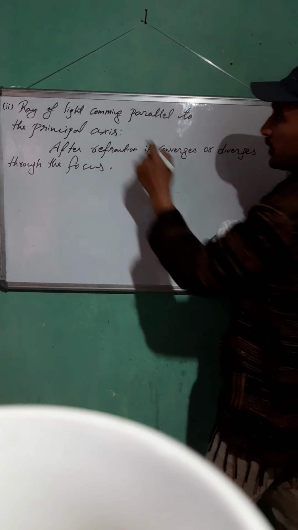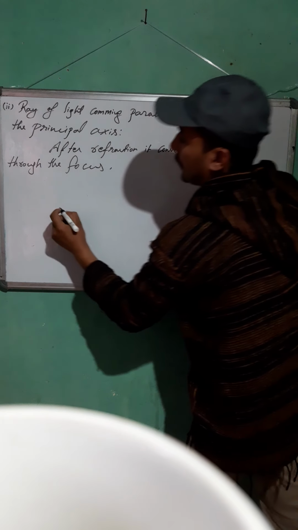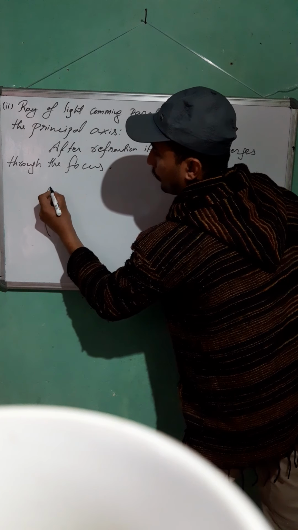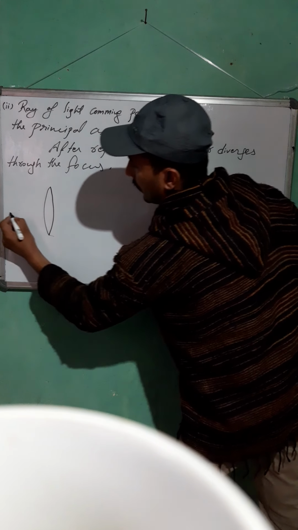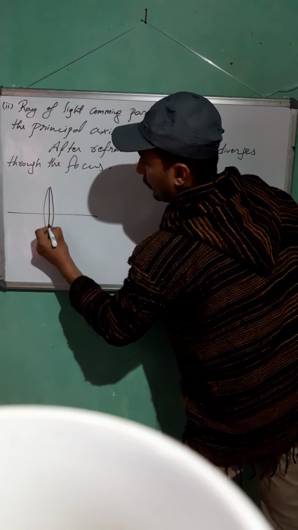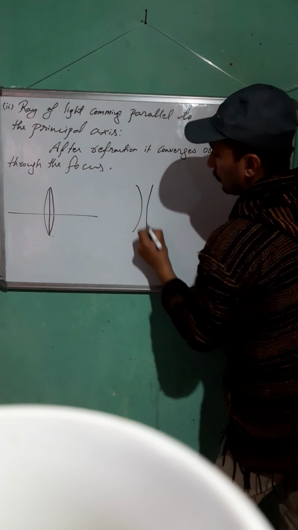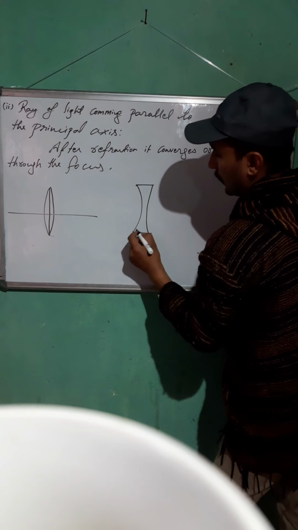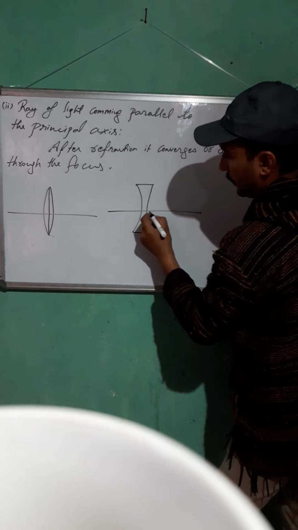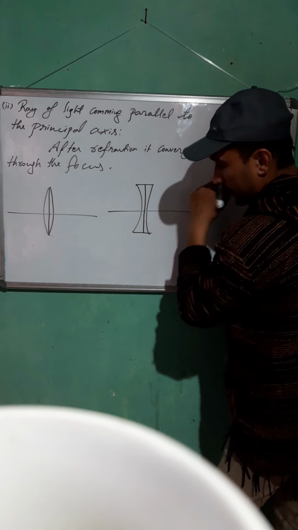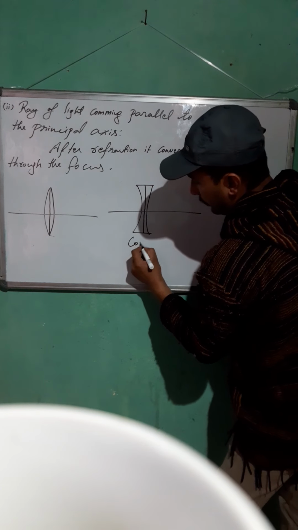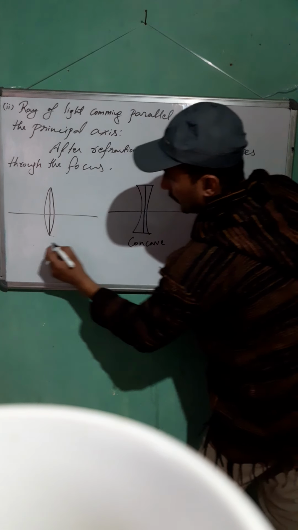A ray of light coming parallel to the principal axis, that means it is like this. This is the principal axis. This is for the concave lens. This is the optical center, this side is concave and this is convex.